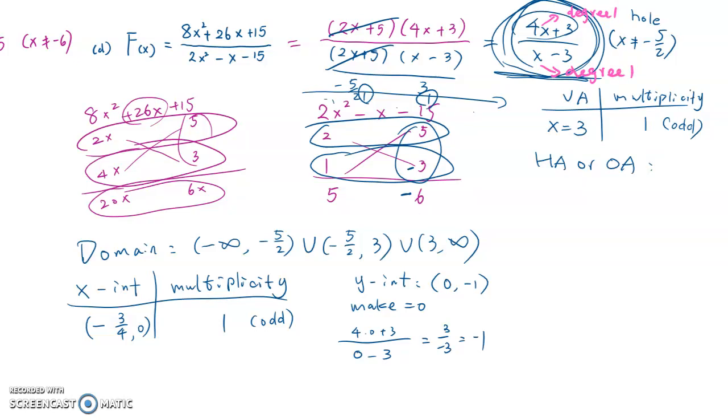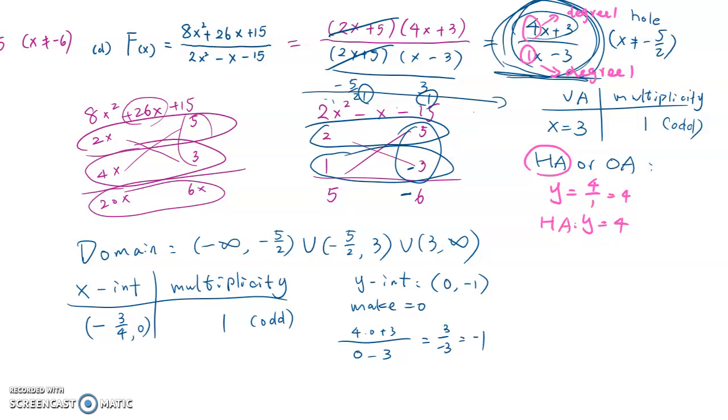Since the degrees of the top and the bottom are equal, we have a horizontal asymptote, and it is y equals the quotient of the leading coefficients, which is 4 over 1, which is 4. So y equals 4 is our horizontal asymptote.